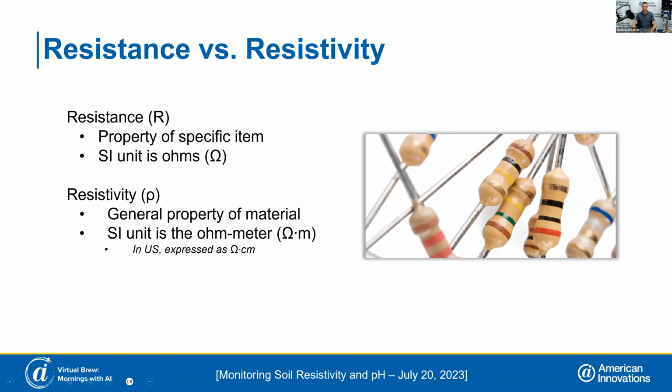So to start off, let's talk about the difference between resistance and resistivity. They're very similar, but we're speaking to resistivity, and resistance is the more common property for materials. What that's referring to is the opposition of the flow of electricity through a resistor, through a wire, through some material, and the magnitude of its ohms dictates how easily or how difficult it is for electricity to flow through it.